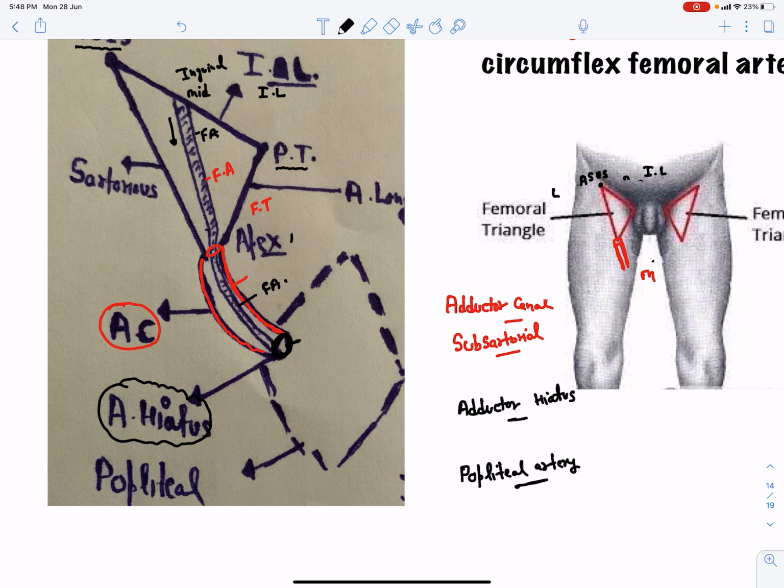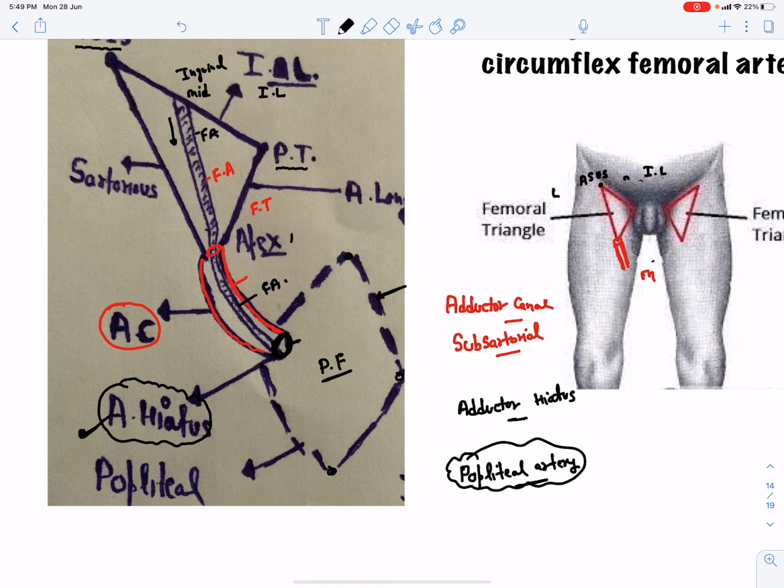See, this is our diamond shaped fossa, which is present on the posterior side of the knee. So our femoral artery leaves the adductor canal through the adductor hiatus and enters posteriorly as which artery? Popliteal artery in the popliteal fossa.